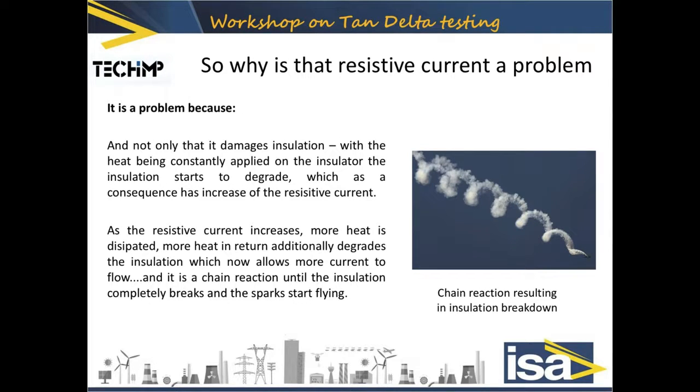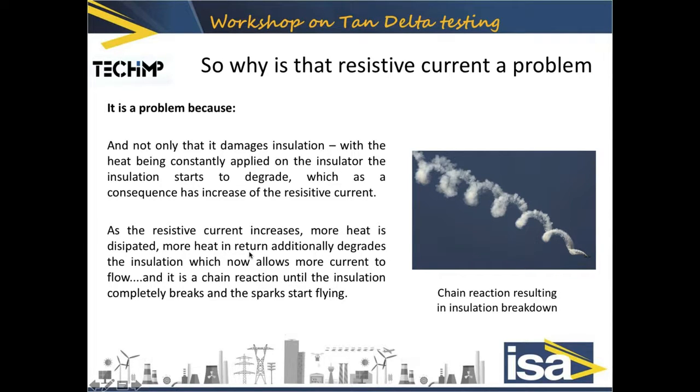So, as we were saying, this heat is a problem because it damages our insulation. With the heat being constantly applied on the insulator, the insulation starts to degrade, which as a consequence has an increase of resistive current. Lower insulating properties, higher resistive current. But as the resistive current increases, more heat is dissipated.